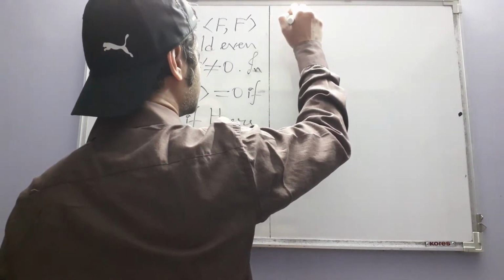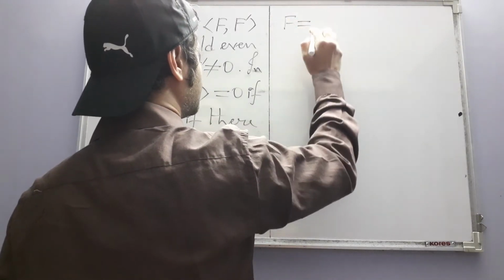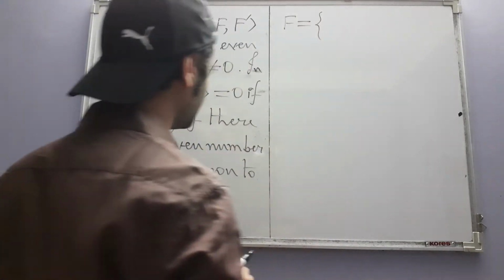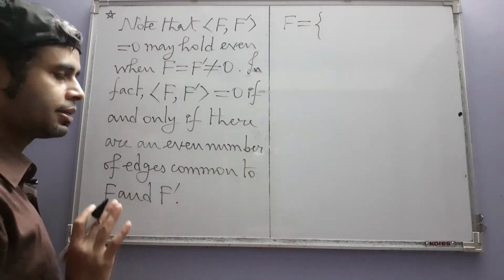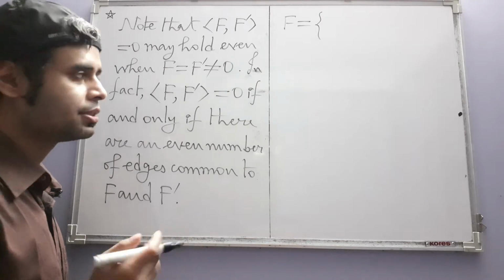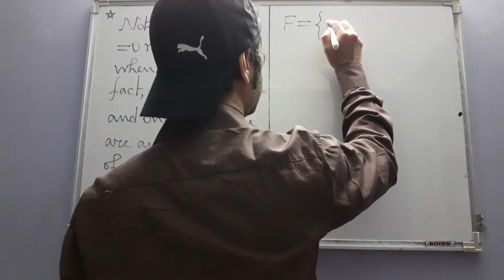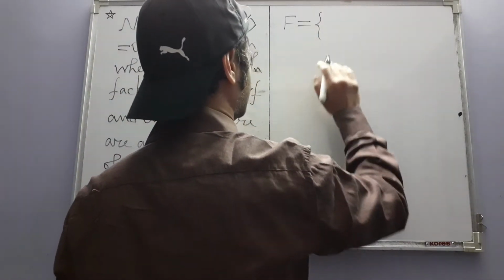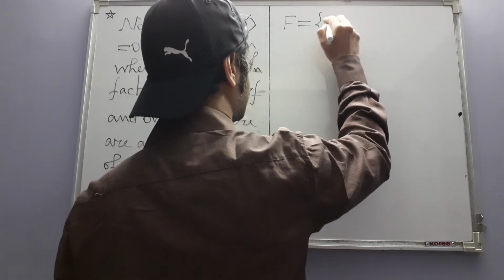Let us consider the sets F and F prime, because they are subsets of the edge set of the graph. There will be edges in them. So these edges are those e_i's only, some of them maybe.